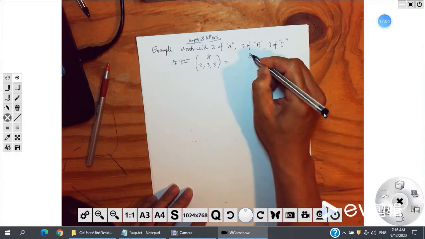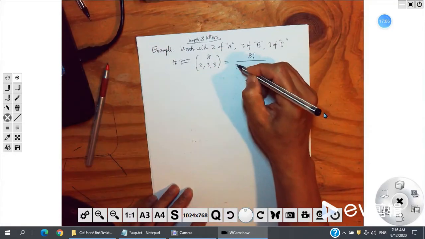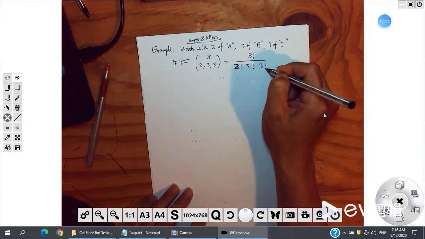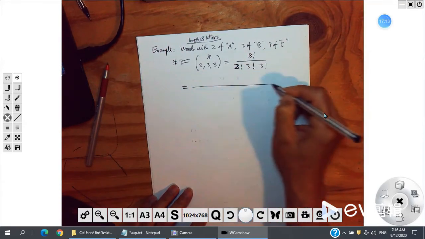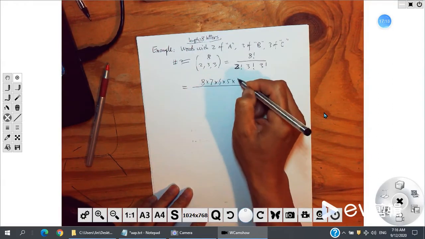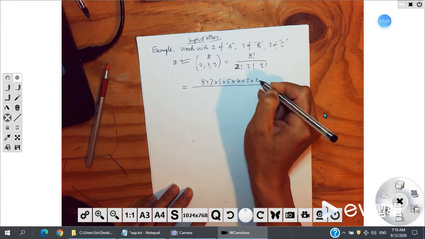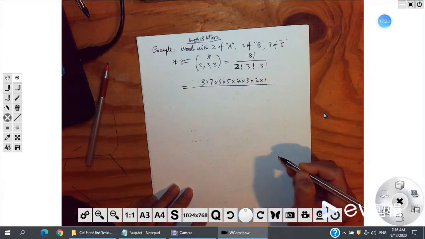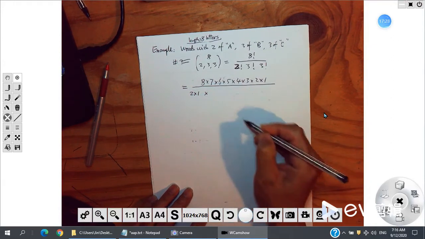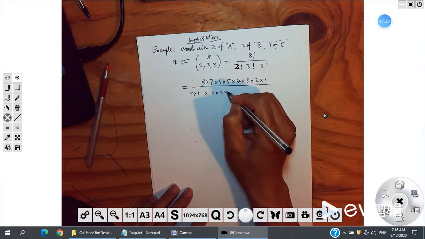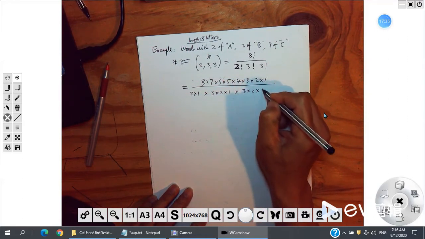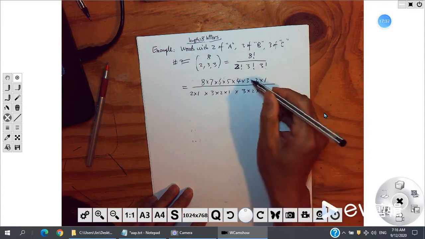It's 8 factorial over 2 factorial, and 3 factorial, and another 3 factorial. So it is 8 times 7 times 6 times 5 times 4 times 3 times 2 times 1. This is the numerator. Denominator is 2 factorial, and then 3 factorial, and another 3 factorial. Okay, we can cancel these.